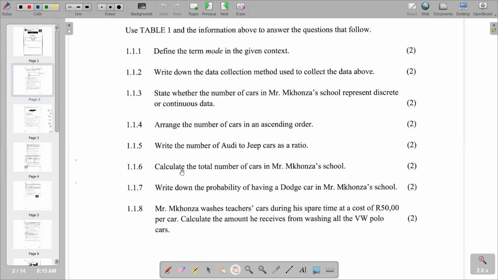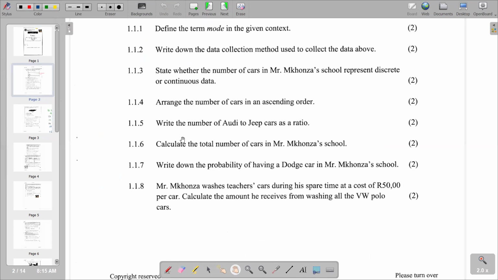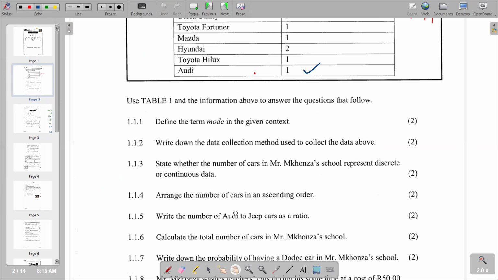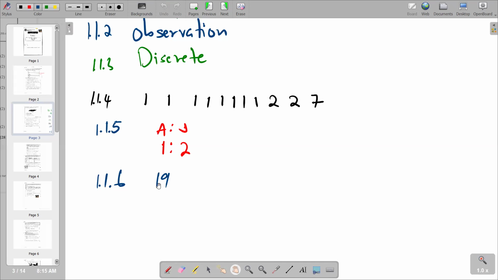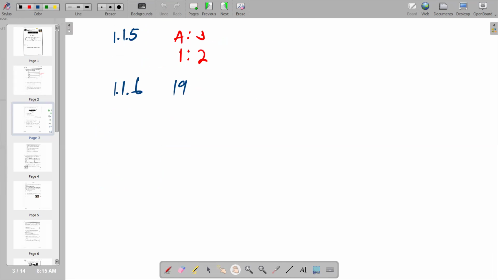So moving on to the next question, it reads, write down the probability of having a Dodge car in Miss Mkosa school. So we can check that the Dodge car, we only have 1. So it's going to be 1 out of 19 is our probability. So we indicate it as such. So we have 1 over 19.